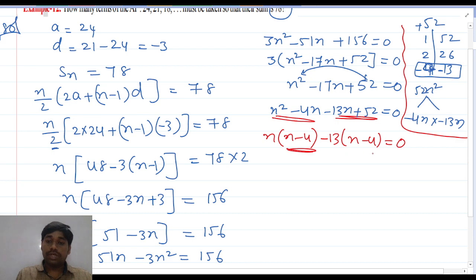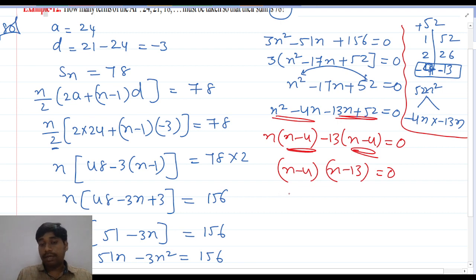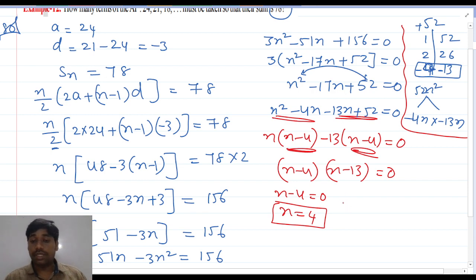So n minus 4 is common, and n minus 13 will be left. So either n minus 4 is 0, then n is equal to 4, meaning the sum of 4 terms becomes 78, or n minus 13 is equal to 0, then n is equal to 13.